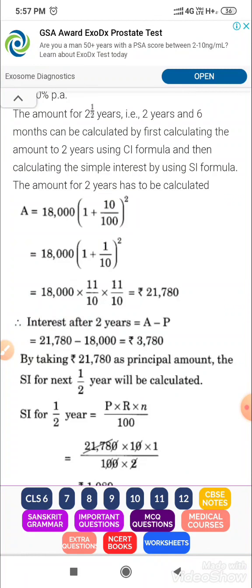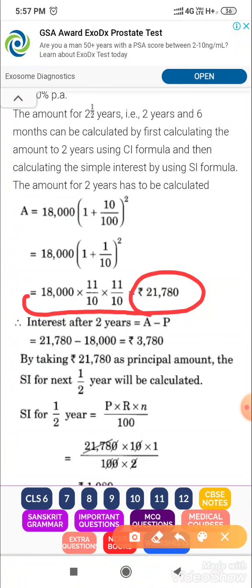Here principal is rupees 18,000, rate is 10% and time is 2 years. So after calculating this portion, we have rupees 21,780. It is the amount for 2 years.